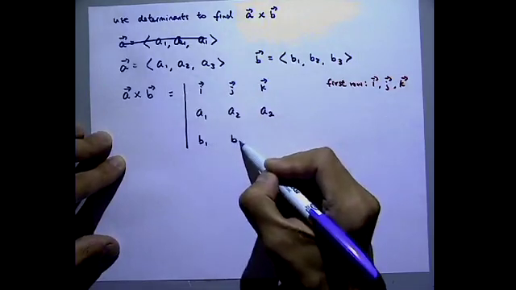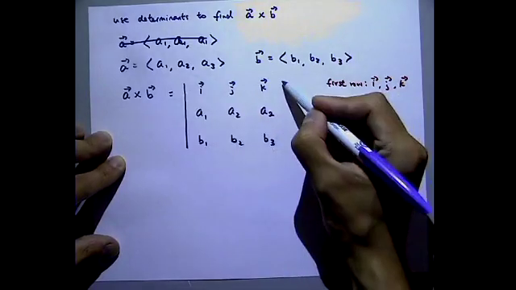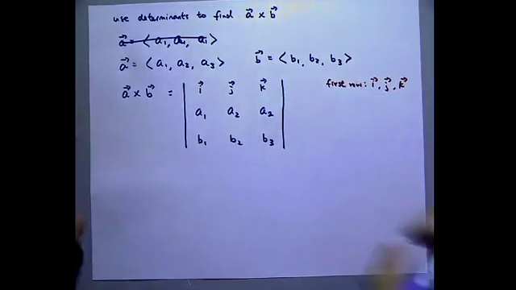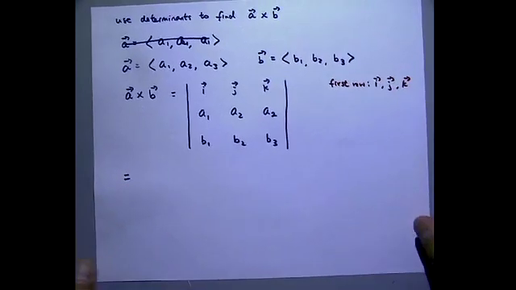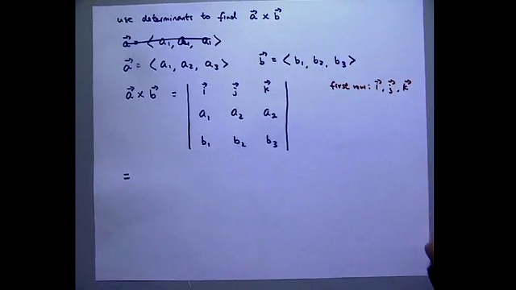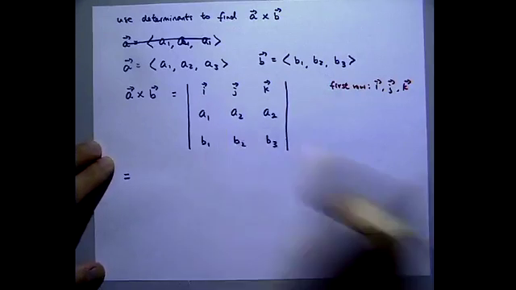B1, B2, B3. And in the context of what we're doing here, you treat I, J, K as if they are numbers when you do the determinant. So let's find a determinant.